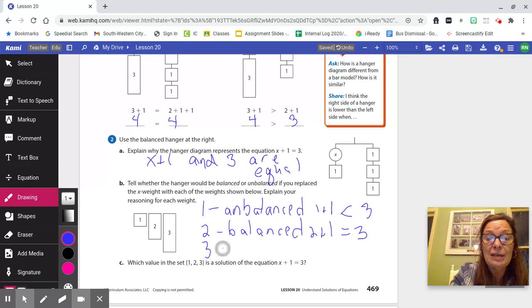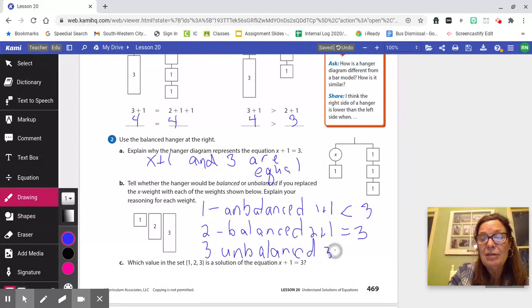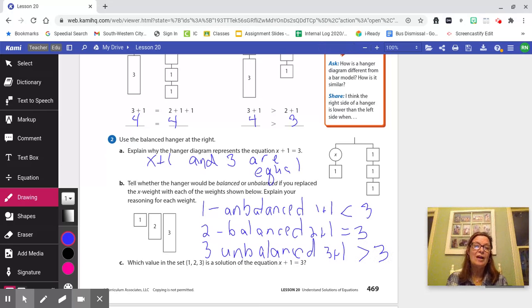And 3 would be unbalanced because 3 plus 1 is greater than 3. So which value in the set 1, 2, 3 is a solution to the equation x plus 1 equal 3? So x is equal to 2.